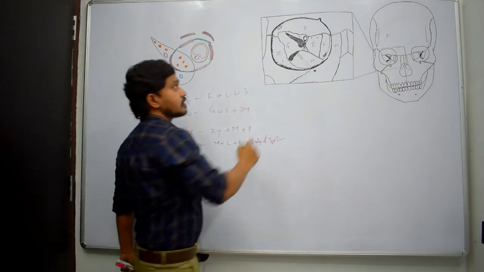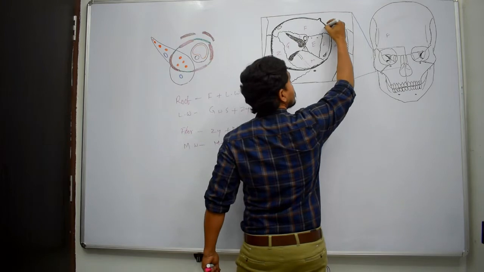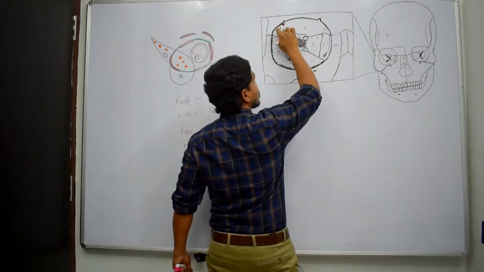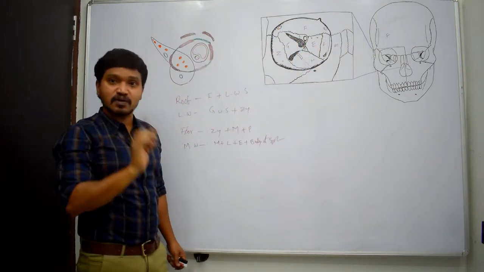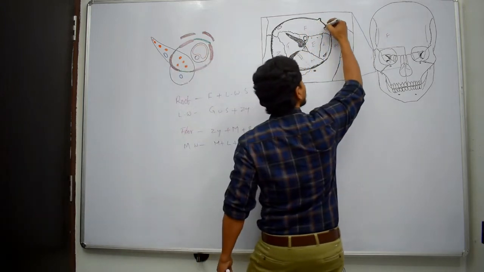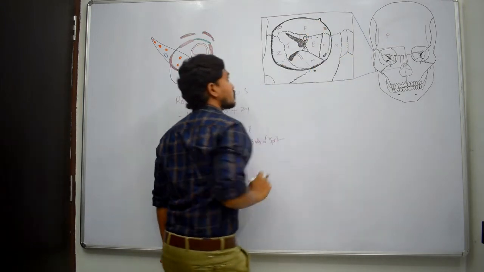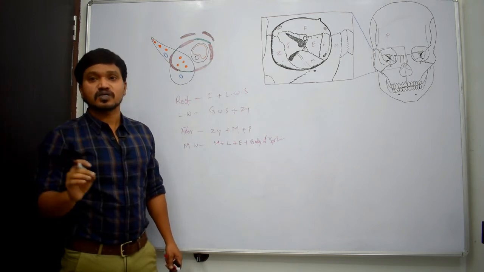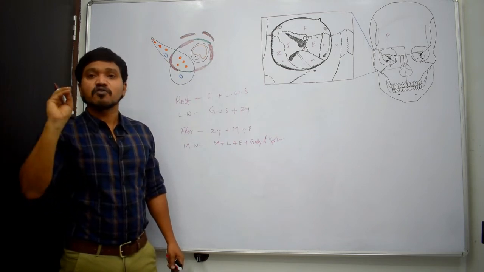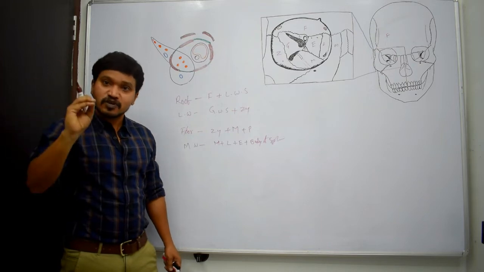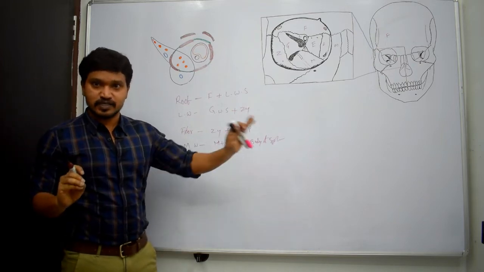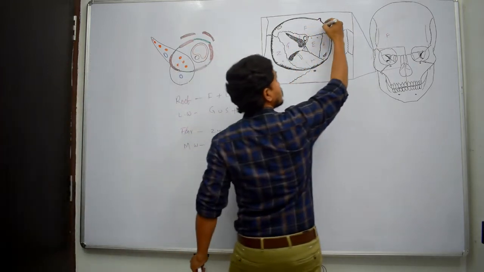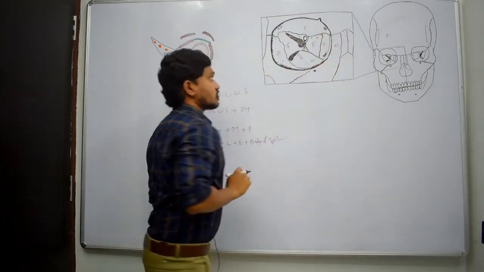Then at the anteromedial part you can also see one fossa. That fossa we call the trochlear fossa. It gives attachment to the fibrous pulley for the superior oblique muscle, which we will discuss.